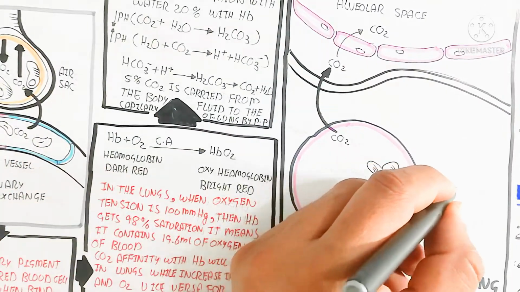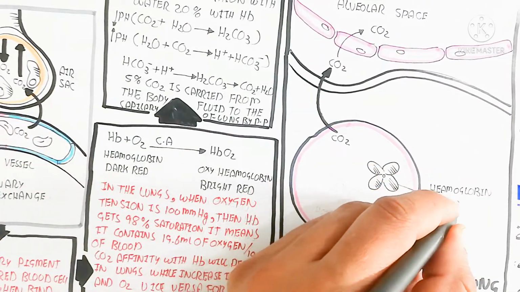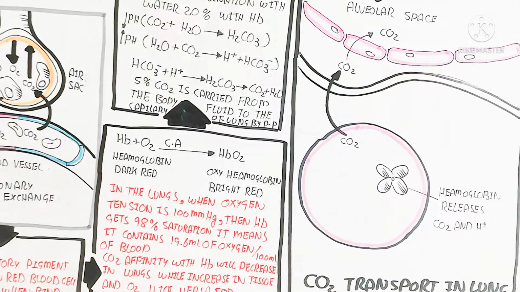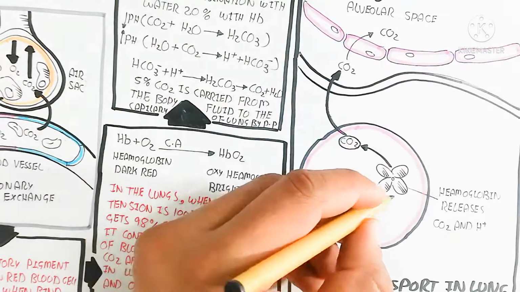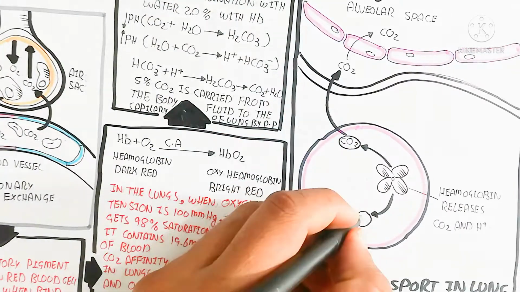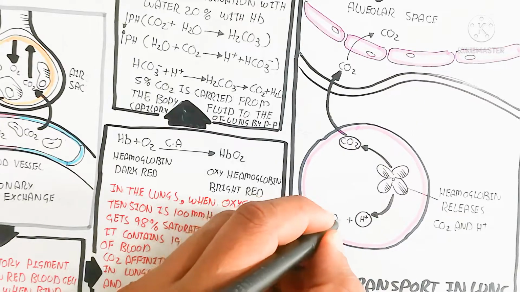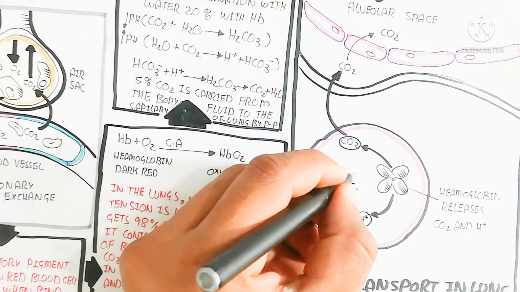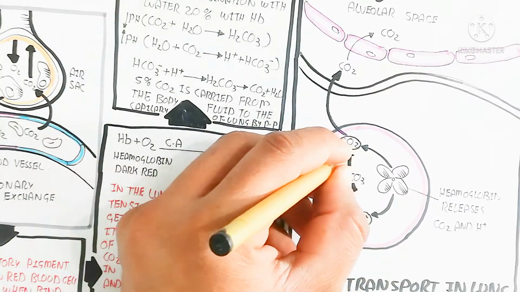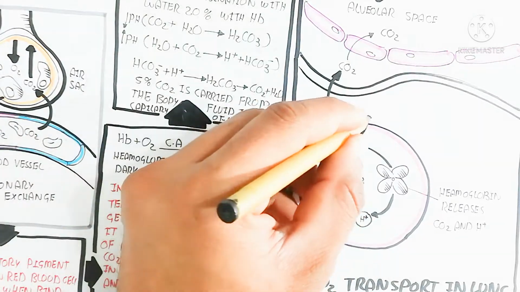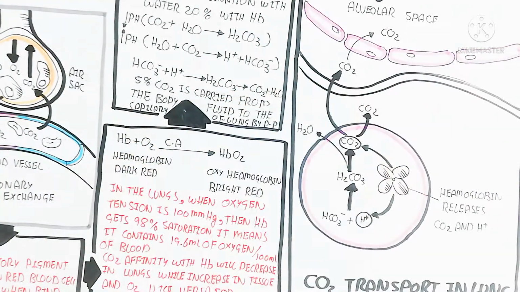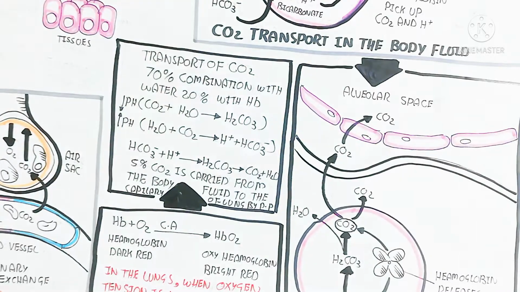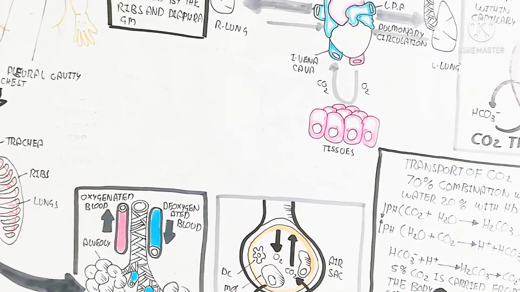So here you can see hemoglobin releases carbon dioxide and proton, which bind with the hydrogen bicarbonate to produce carbonic acid. After this carbonic acid, here is the production of water, and this carbon dioxide will be released. The carbon dioxide will be moved into the alveolar sac.